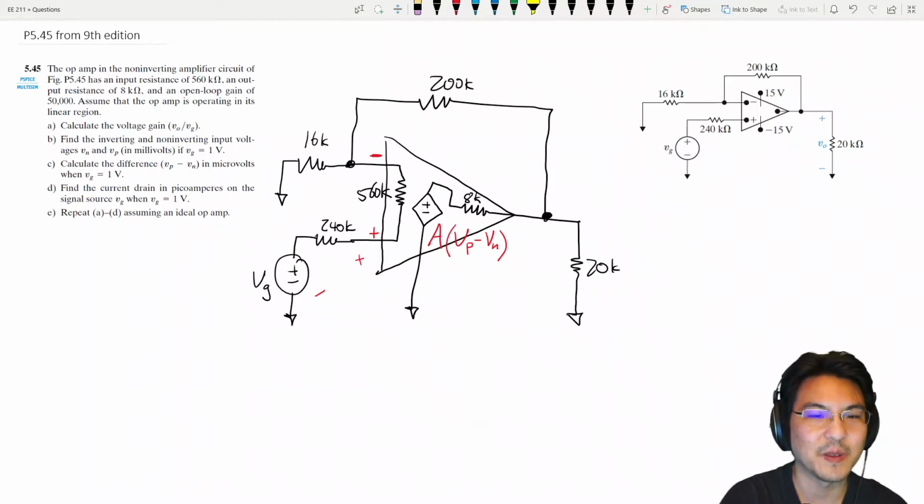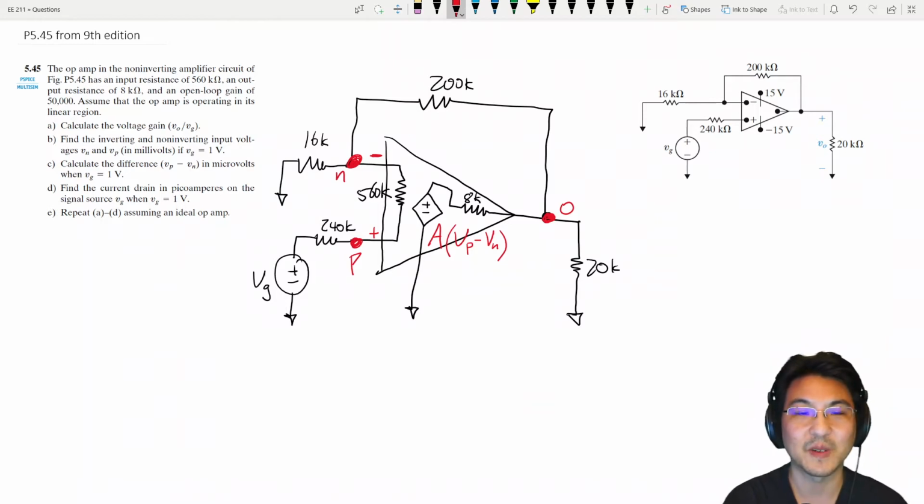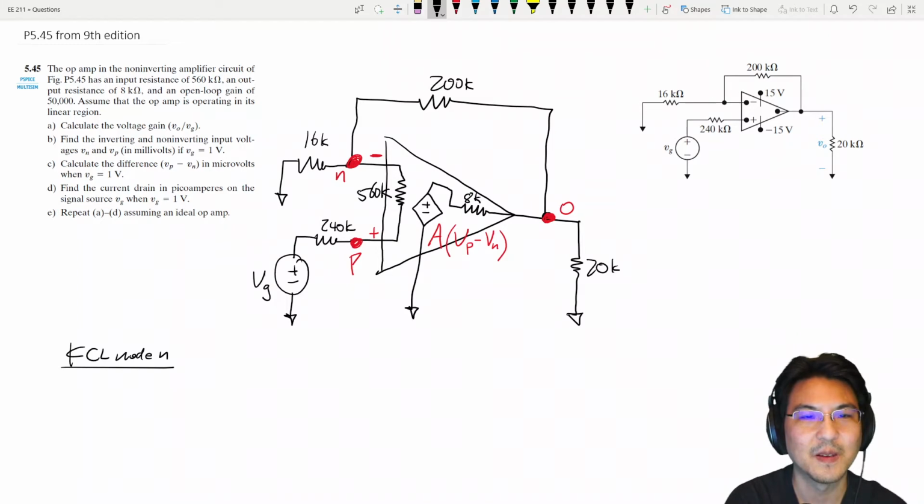let me label some of these nodes. So if I call this N over here, and I'll call this over here P, and this can be my output node. All right, so let's write KCL at this node N. All right, so let's go this way to the left. So Vn minus 0 over 16K. Now let's go this way toward the right.